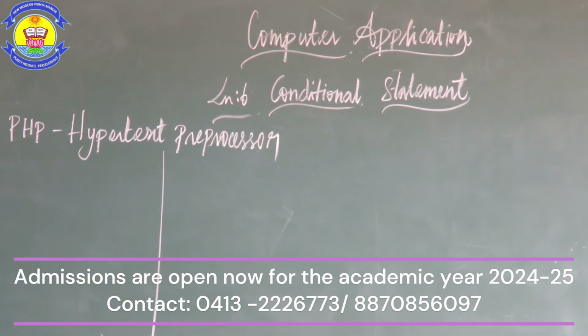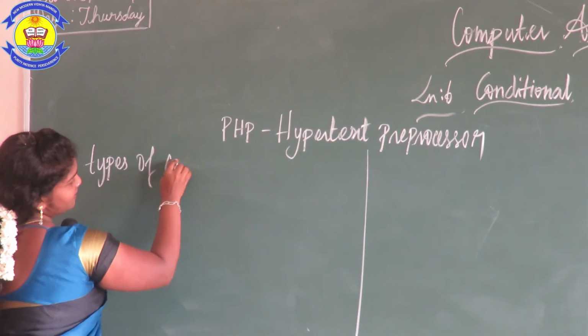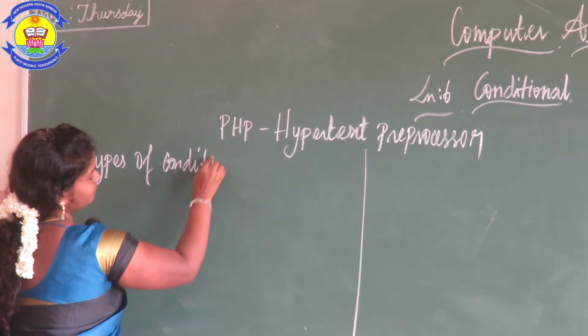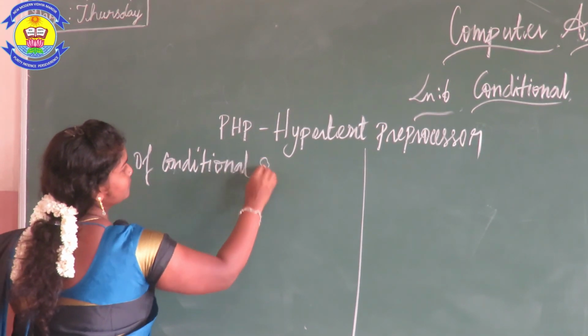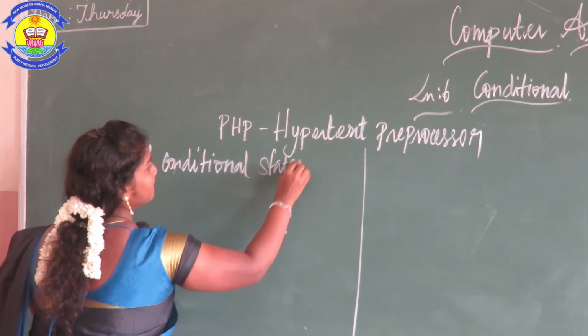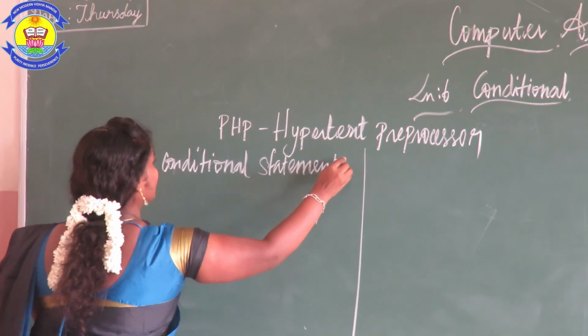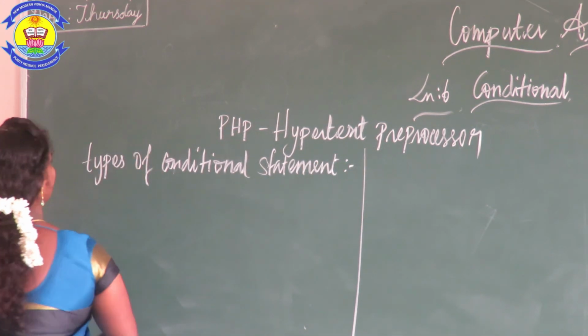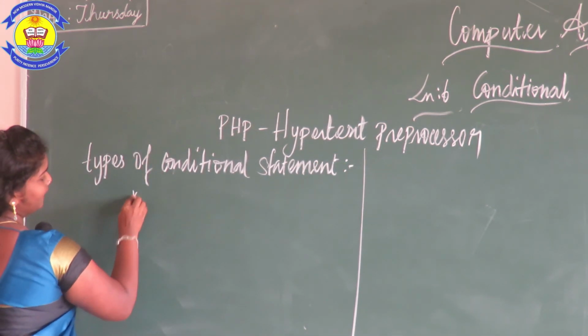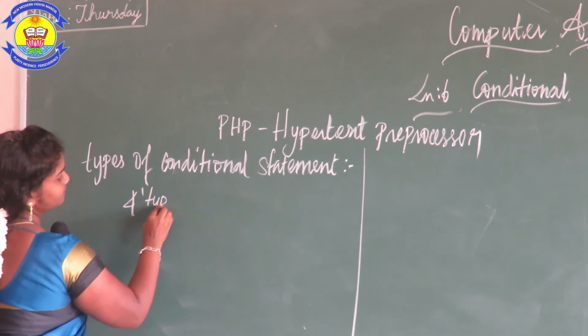Now we are going to learn the types of conditional statement. There are totally 4 types of conditional statement.